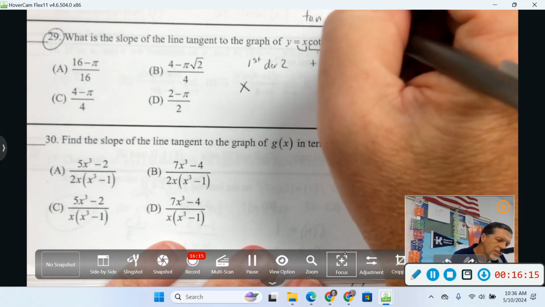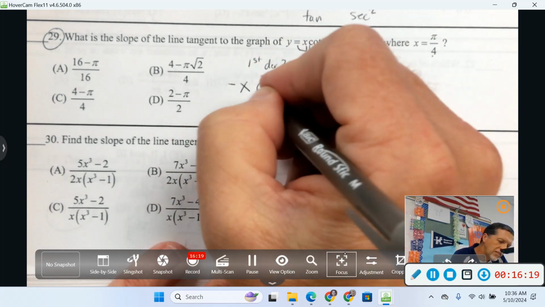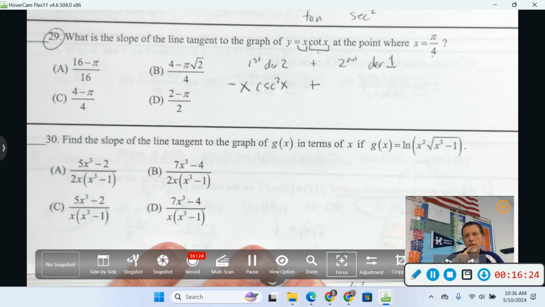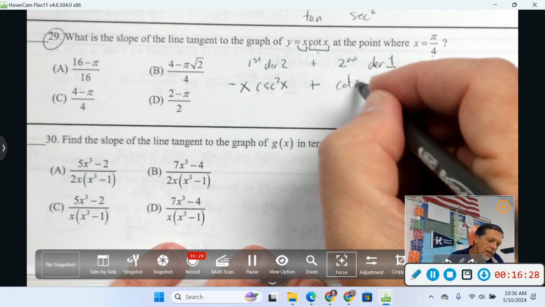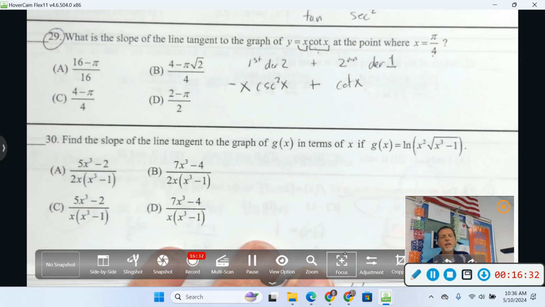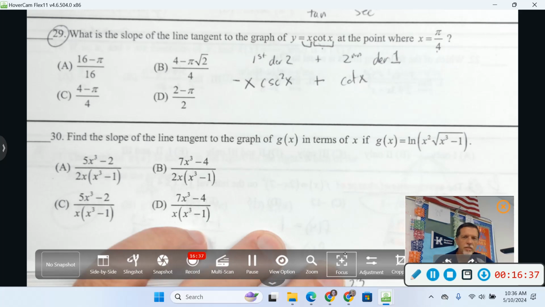Derivative of tangent is secant squared. So derivative of cotangent is negative cosecant squared. Second is cotangent of x. Derivative of the first one would just be 1. And then I've got to plug in pi over 4.